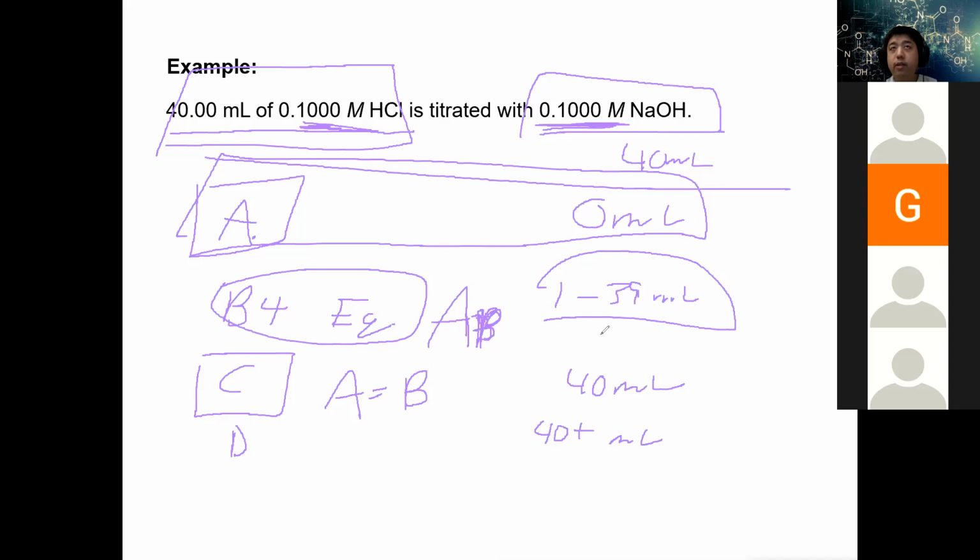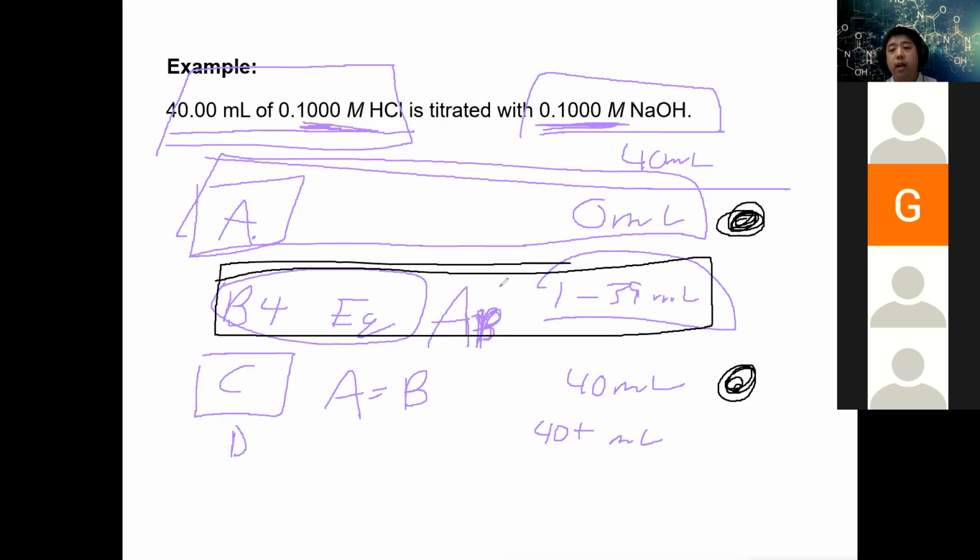Yes. Okay. Now, with that said, this is the fun part, okay? This initial concentration, there's only one calculation you need to solve for it, and you're done. This equivalence point, there's only one calculation you need to solve for it, and you are done. Before equivalence point, I can have many calculations here. I can solve for it with 1 milliliter of NaOH, 2 milliliters, 3 milliliters, all the way up to like 39 milliliters.